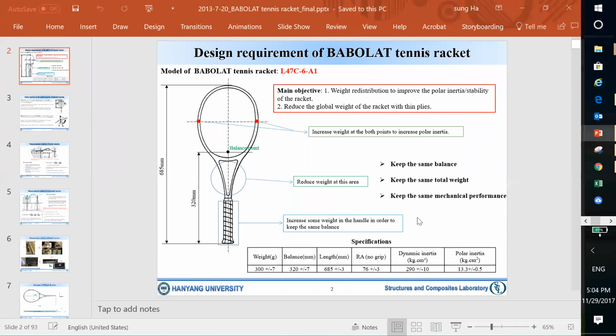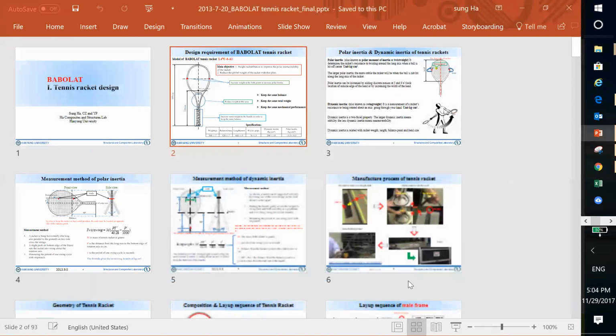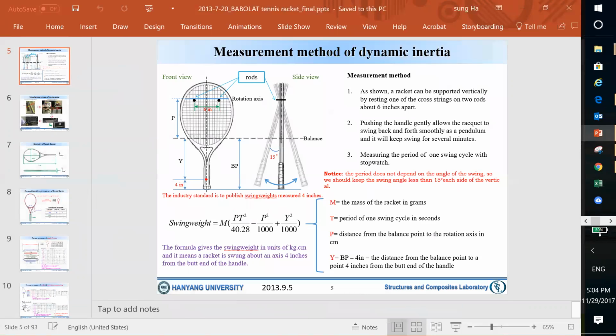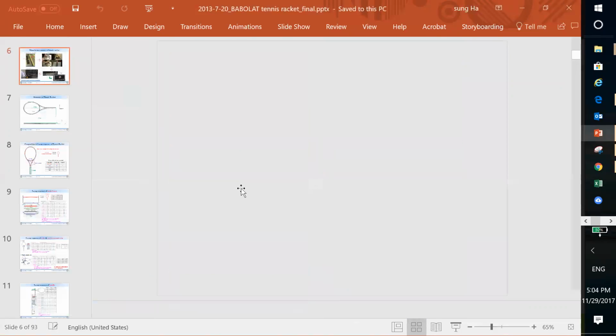See, when you design the structures like a tennis racket, we have to have a certain shape, and when we have a certain shape, the stiffness of this rim is very critical, and this area also has to be very stiff as well. So how do we manufacture this? What procedure we are doing?